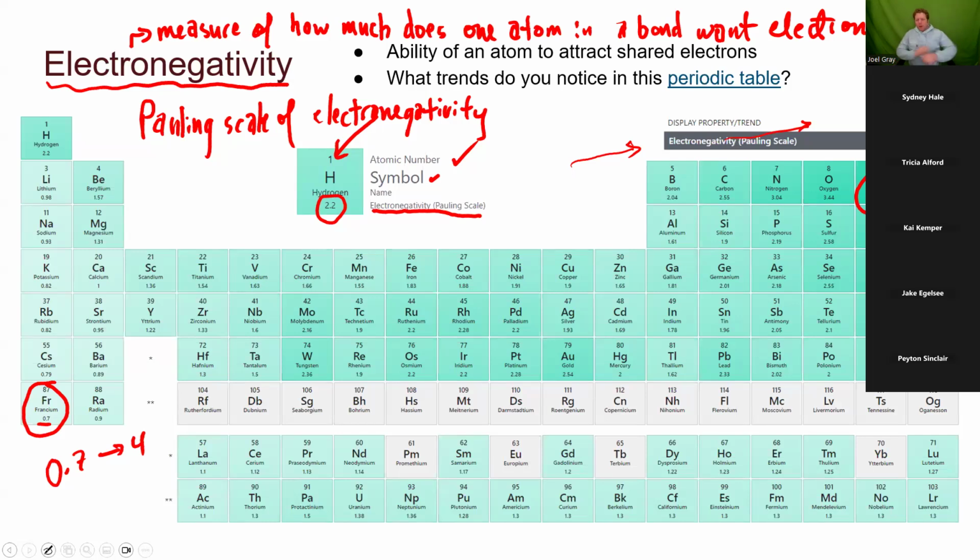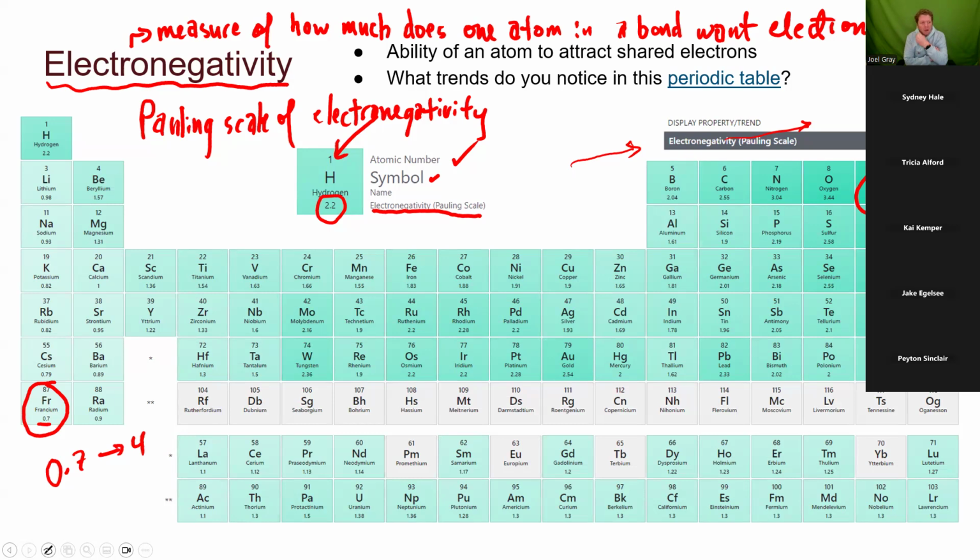Now, if we have a scale from 0.7 to 4.0, let's go with francium versus fluorine. Which atom do you think wants electrons more within a bond? Emma, you're absolutely right. Fluorine. So fluorine is what is known as our most electronegative element.